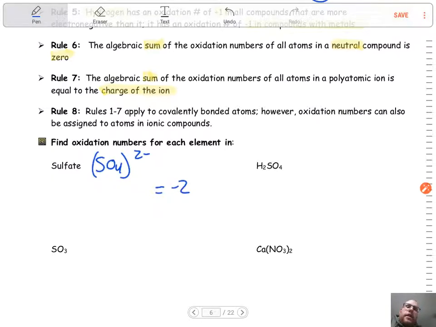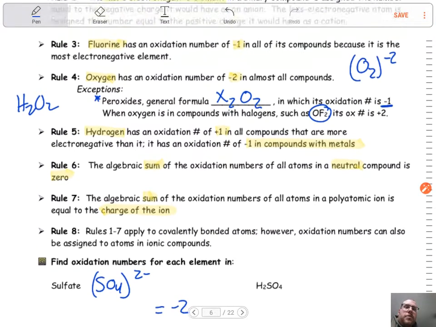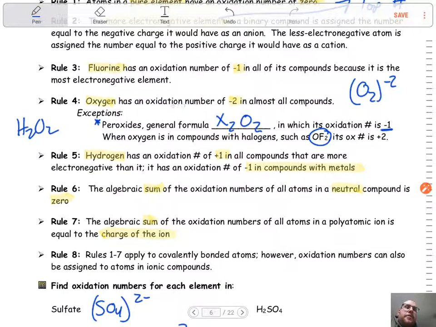Now, you're always going to know at least one of your oxidation numbers based on the rules that we have. In this case, with sulfate, we're going to know oxygen because oxygen has an oxidation number of -2 in almost all compounds. The only time it isn't is when it's a peroxide or when it's with a more electronegative atom like the halogens.